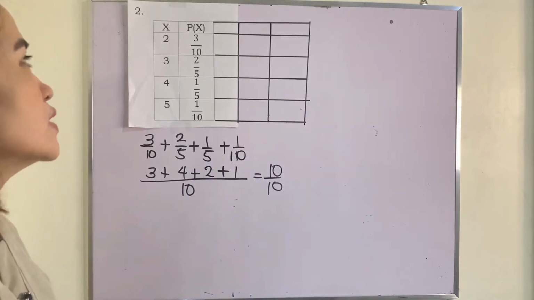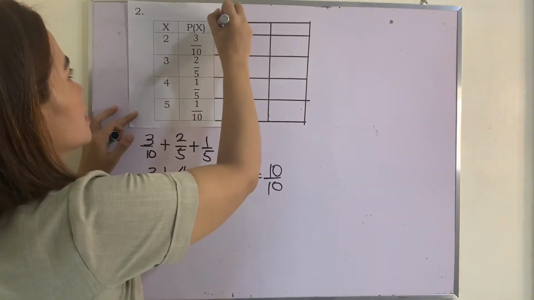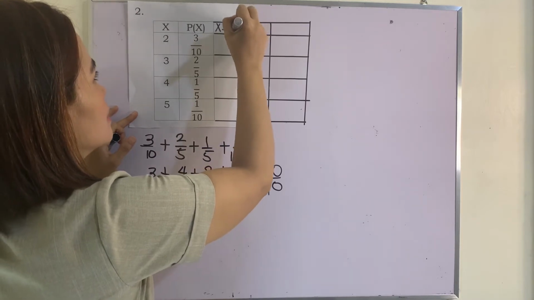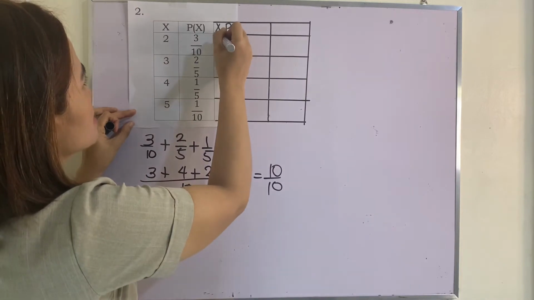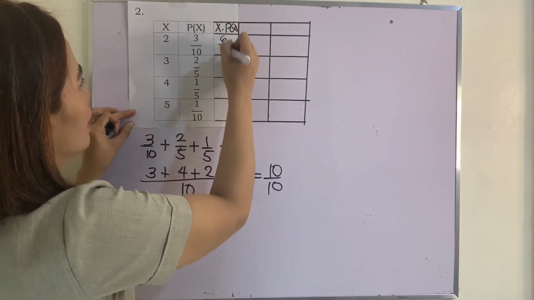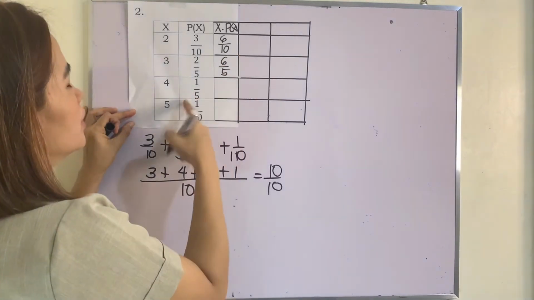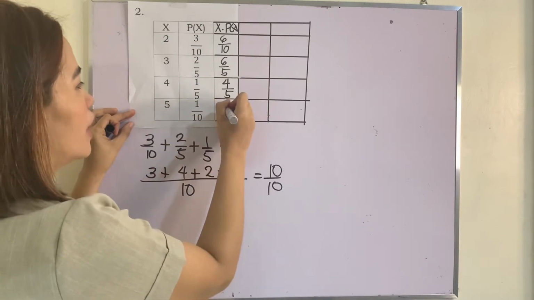It's 10 over 10. Now, let us multiply. This is x times p of x. So we have 6 over 10, 6 over 5, 4 over 5, and 5 over 10.